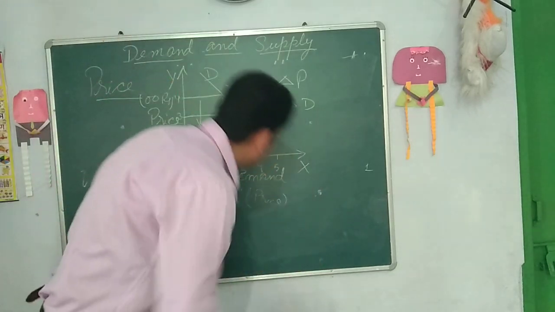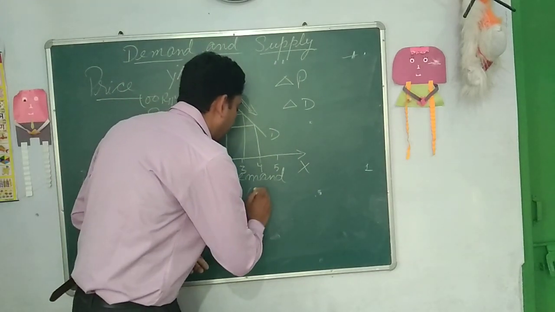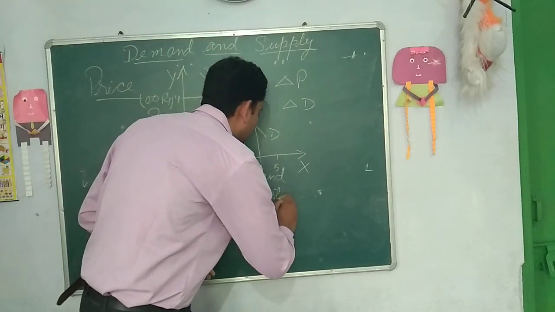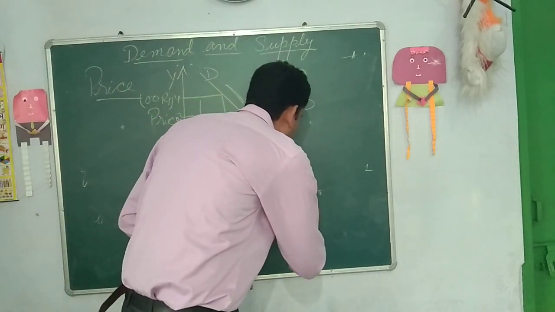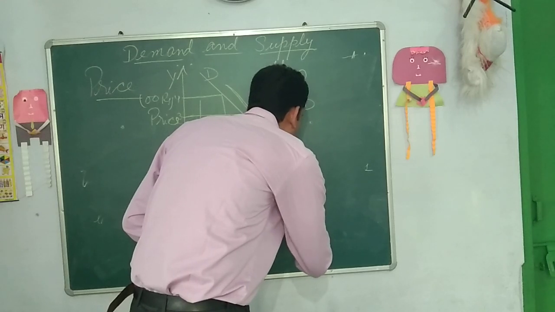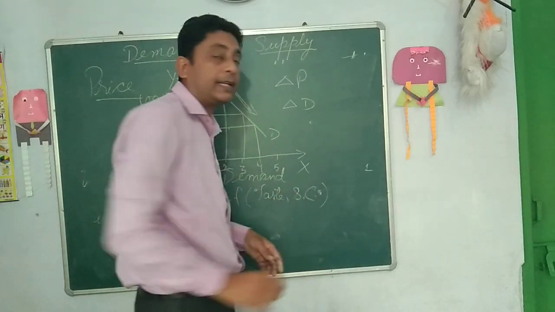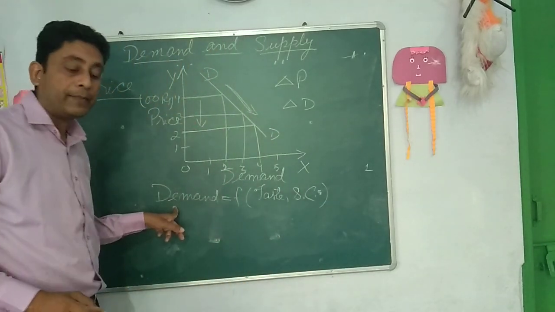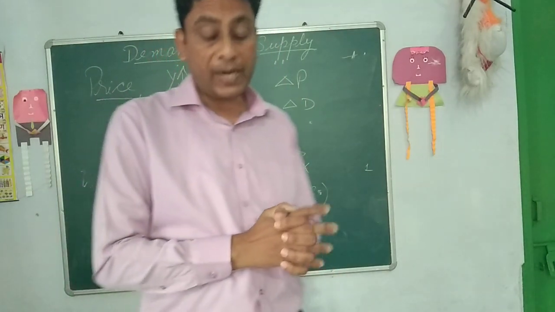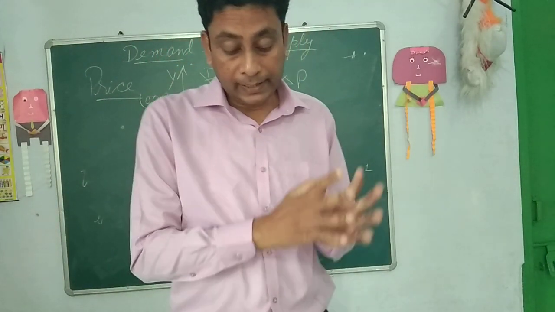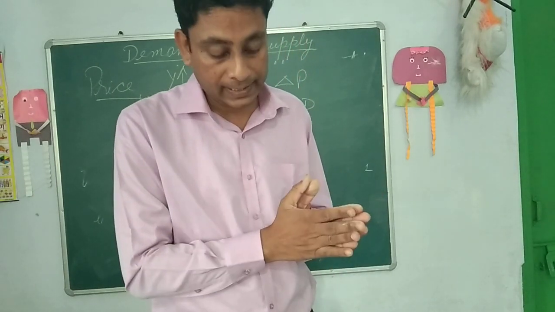Other factors are tastes and preferences, then substitute goods, and complementary goods. So these are the other factors which are determining demand. So what does the law of demand state? The law of demand states that there is an inverse relationship between quantity demanded and price.